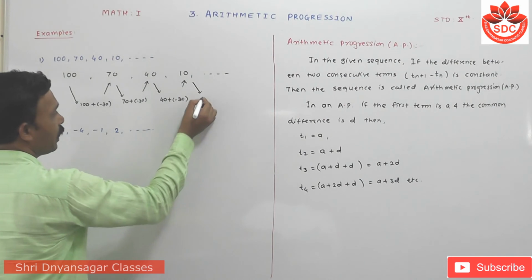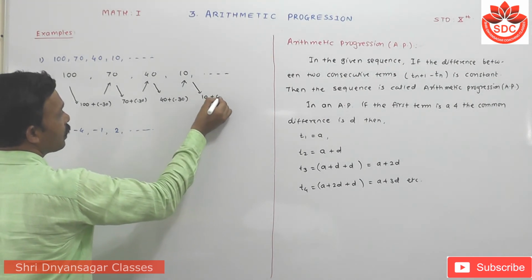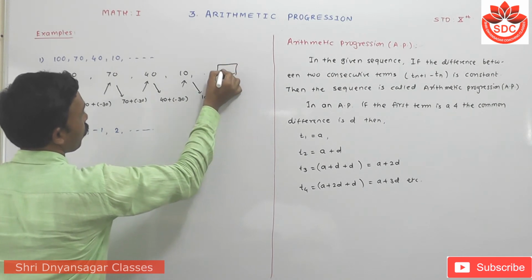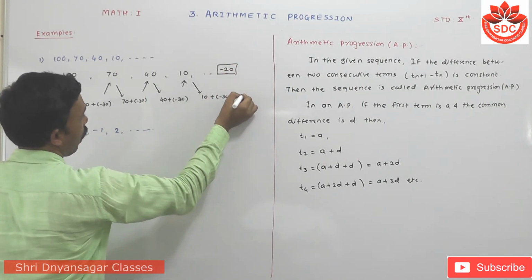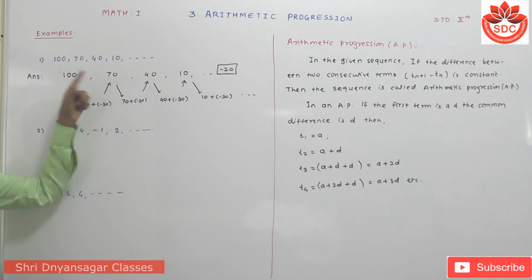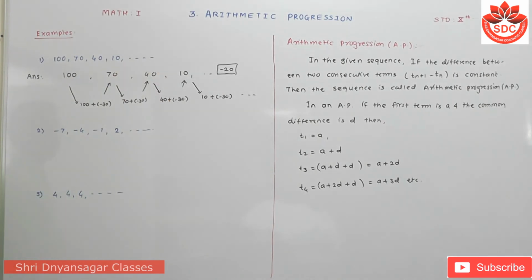Then the next number is obtained by 10 plus minus 30. It becomes how much? Minus 20 and so on. We can obtain many numbers. Now this is the sequence. You have to add minus 30 to its previous term, we get the next term.